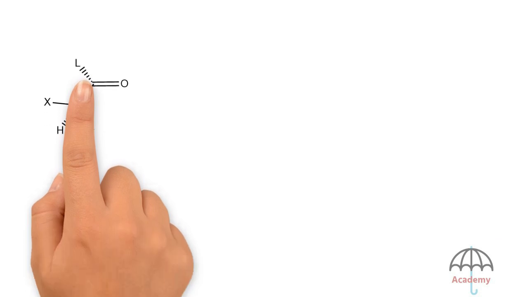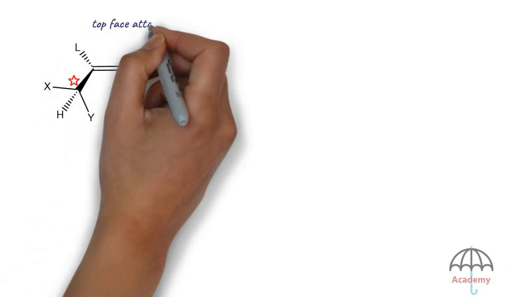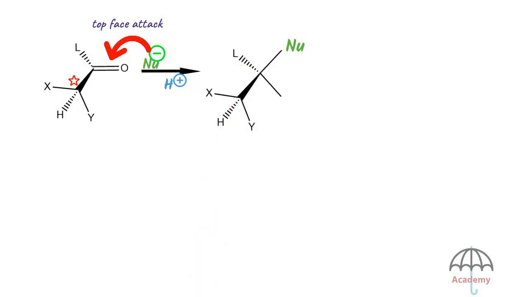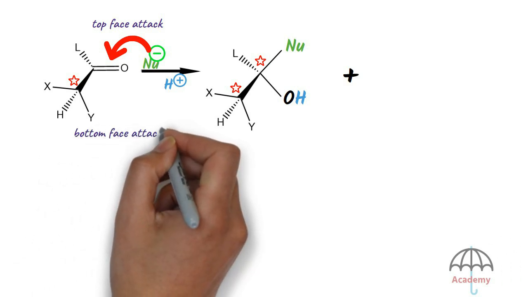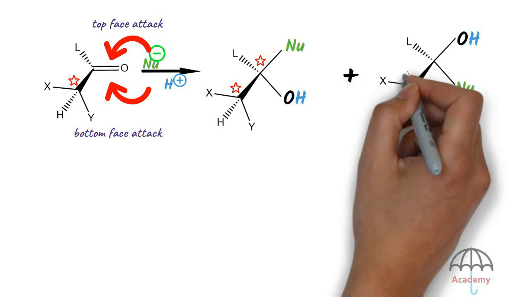Now, consider this carbonyl compound which has a chiral center at the alpha position, and treat this compound with a nucleophile, followed by protonation at the negatively charged oxygen. The top face approach of the nucleophile will give this product, so that a new chiral center is generated at the carbonyl carbon. The bottom face approach of the nucleophile will result in the formation of this product.